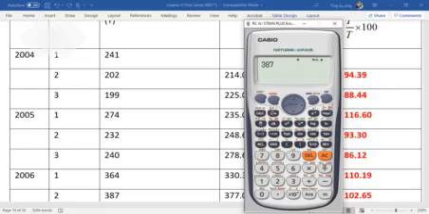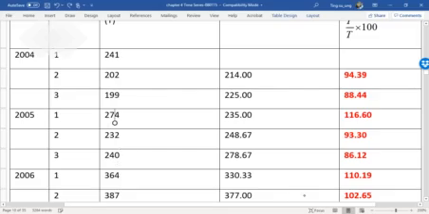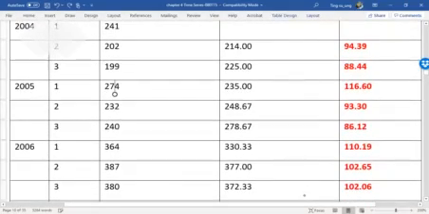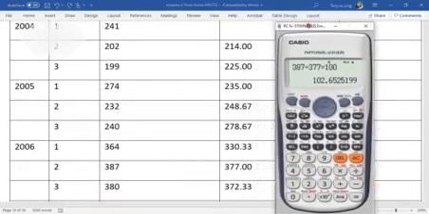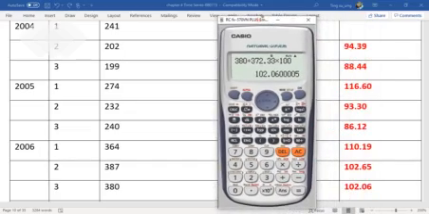387 divided by 377 times 100. Okay, 102.65. Okay, so continue. 380 divided by 372.33 times 100, 102.06.